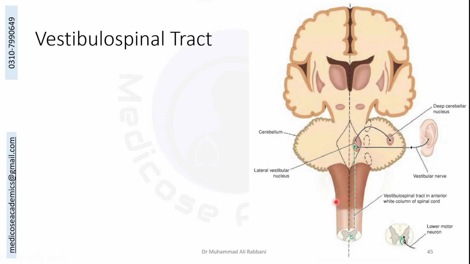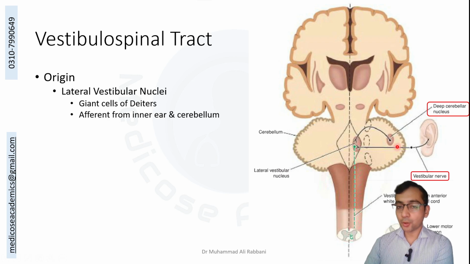Okay, let us now talk about the vestibulospinal tract. As the name indicates, it is the tract that will take signal from the vestibular nucleus all the way down to the spinal cord. The origin, as we saw, is from the vestibular nucleus. The vestibular nuclear complex is a series of nuclei: a medial one, lateral one, superior one, inferior one.